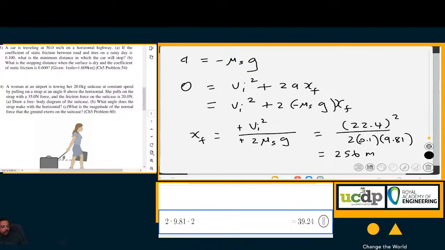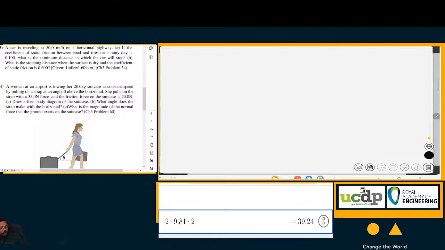Now what would happen on a dry day? Normally you can just reason some of this stuff out. You know that on a wet day it takes a car longer to come to a stop, so we should expect a number smaller than 256. For part B, the formula still stays the same, xf.